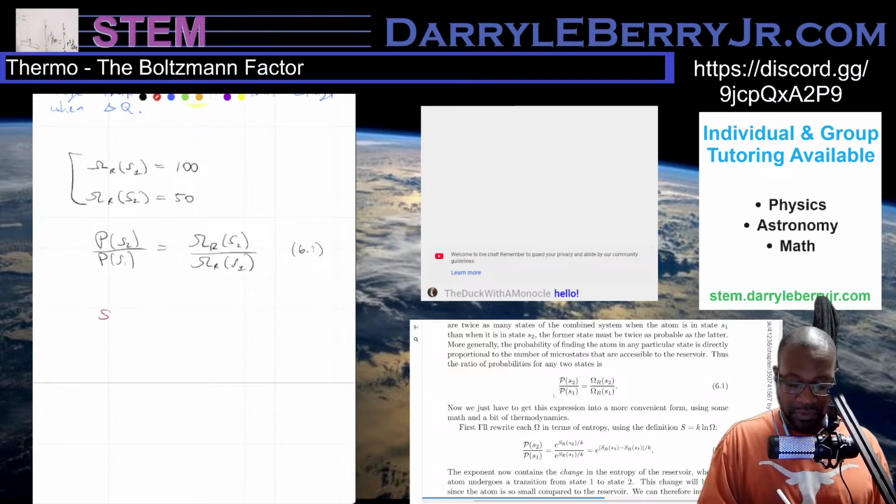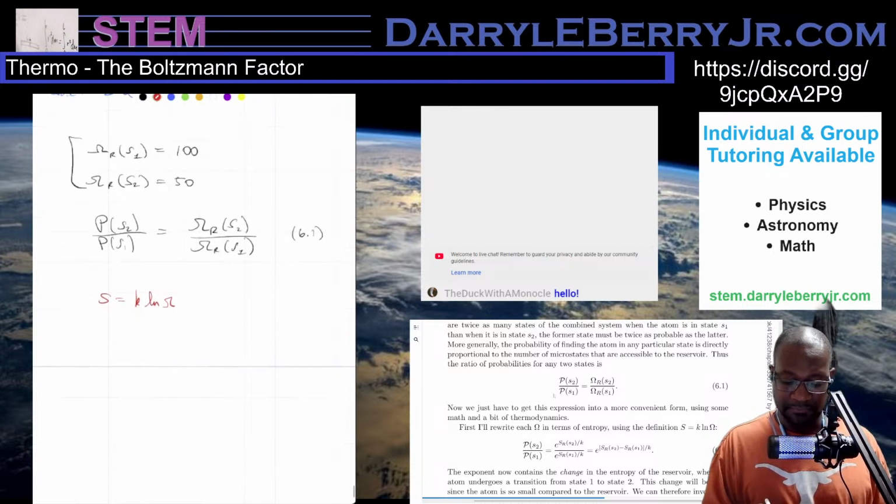So we know from before that entropy is the Boltzmann constant times the natural log of the multiplicity.